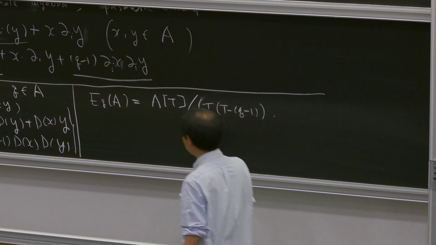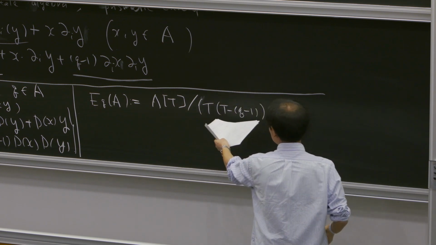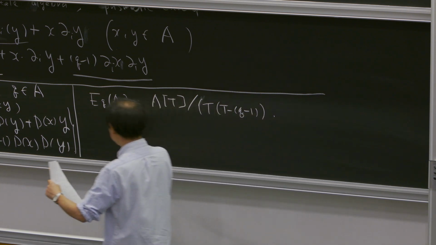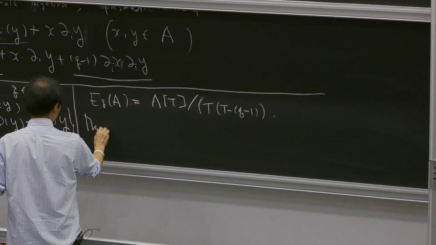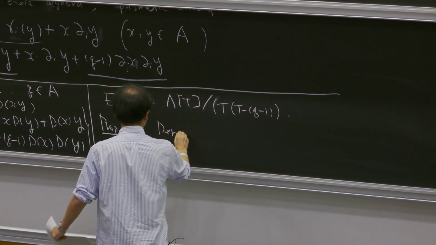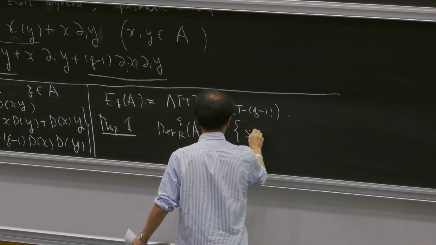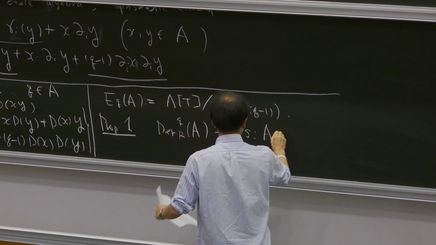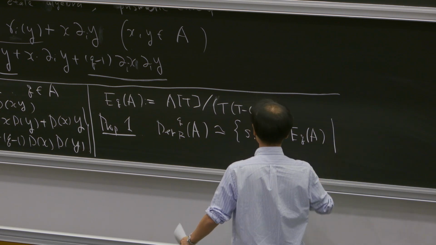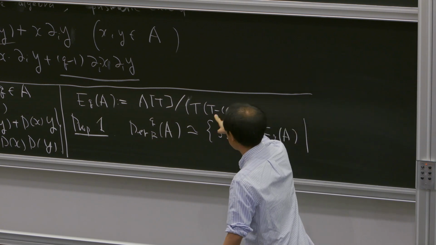I define E_q(A) to be the quotient of a polynomial ring A[t] divided by t times (t minus (q minus 1)). Then it is quite easy to prove that this derivation corresponds to a section of this A-algebra.